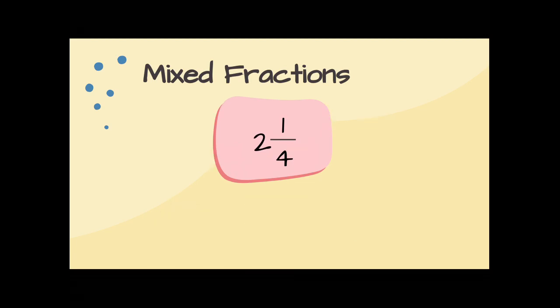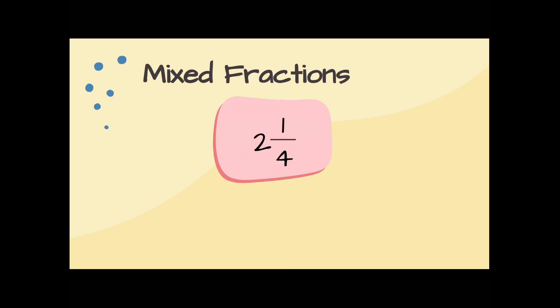In order to compare mixed fractions, we have to turn them into their improper fraction form. An improper fraction is just a fraction in which the numerator is greater than the denominator. Usually we wouldn't leave a fraction like this, but in order to compare them, we have to turn it into this form. The way to do that is to multiply the denominator by the whole number and add the numerator.